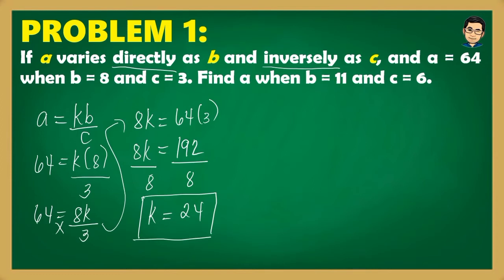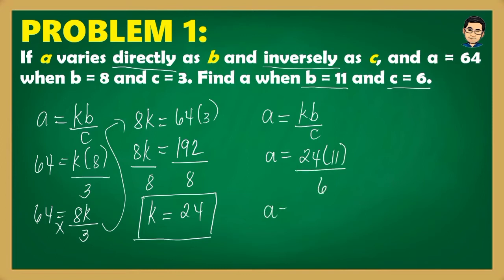Pwede na natin kunin yung A when B is equal to 11 and C is equal to 6. So using the same equation, A is equal to KB all over C. So A equals the value of K, which is 24, times the value of B, 11, all over the value of C, which is 6.